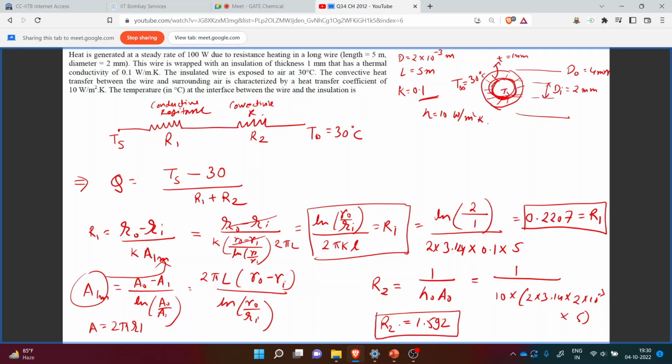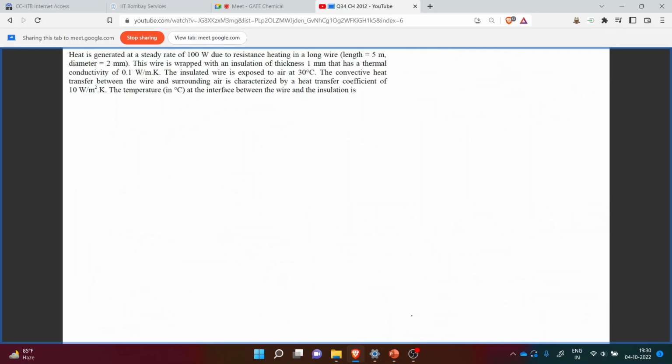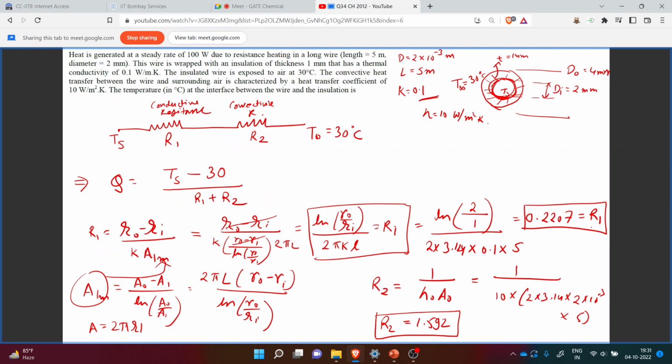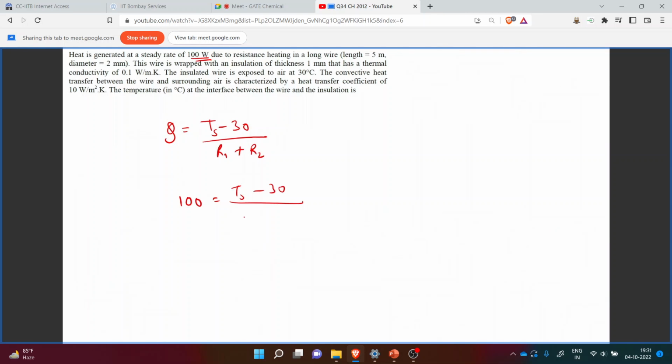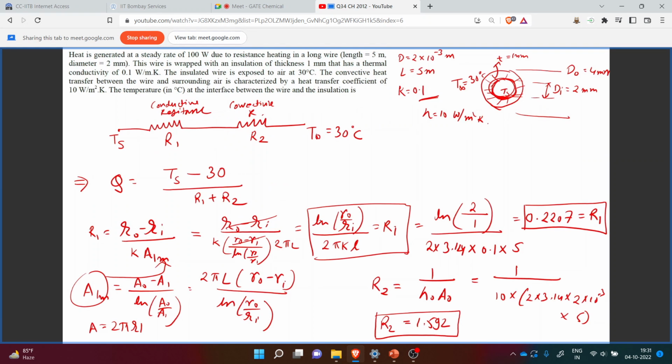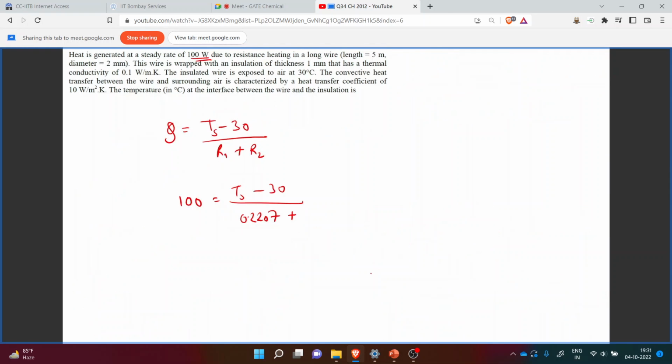So we have these resistances R1 and R2, and now we will be putting them into this heat balance equation, that is Q is equal to temperature at surface Ts minus 30 upon R1 plus R2, and Q we have been given as 100 watt. So 100 is equal to Ts minus 30 upon R1, which we had as 0.2207, plus R2, which we have as 1.592.